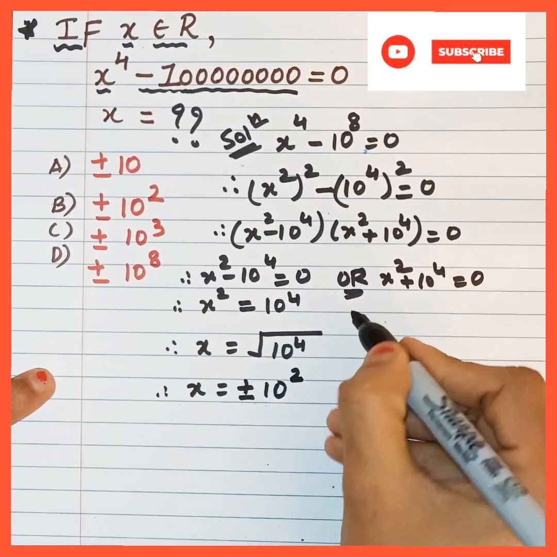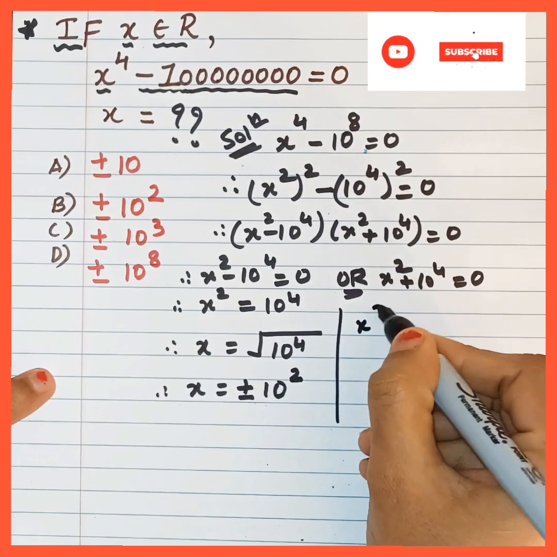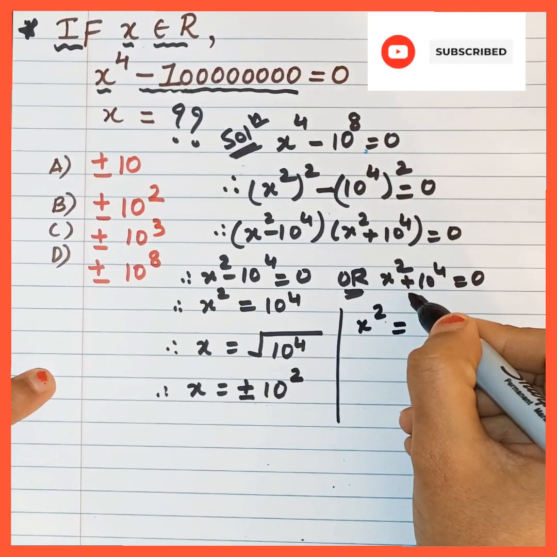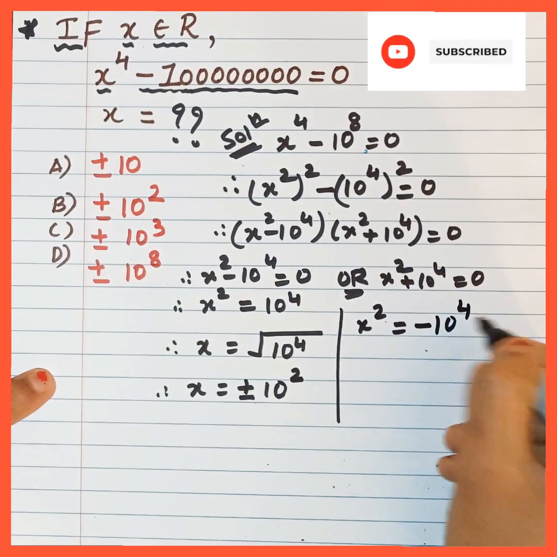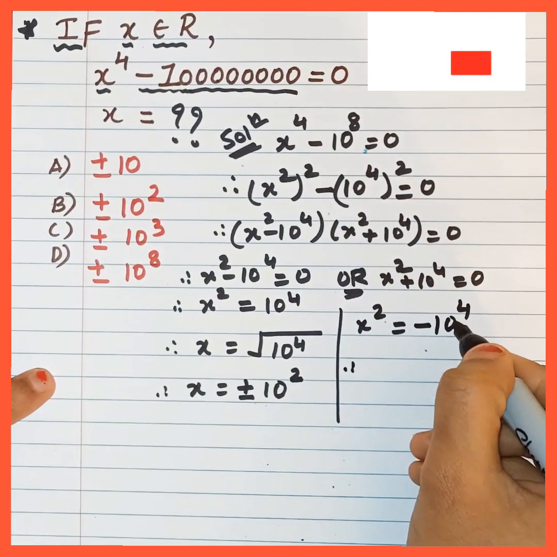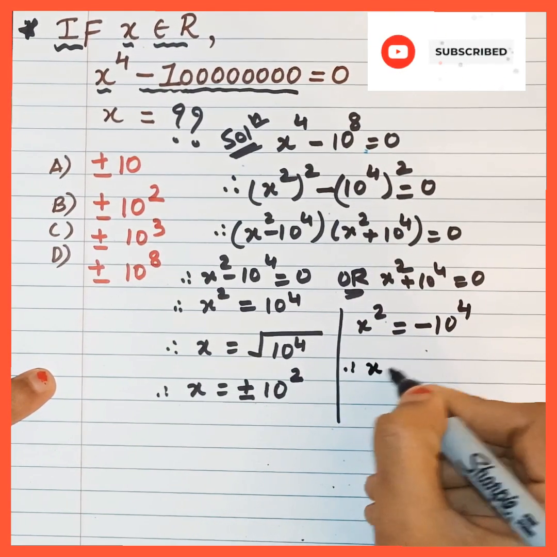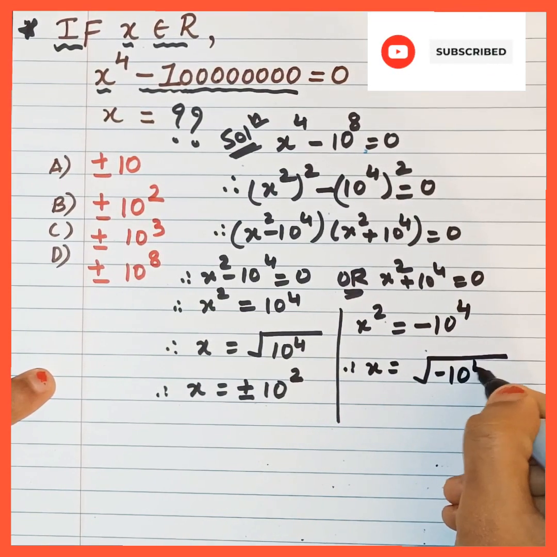Now moving ahead to the next part. This was our second equation: x square plus 10 raised to 4, and we take the 10 raised to 4 to that side, so it becomes minus 10 raised to 4. In the same way we take the square to the other side and it becomes a square root, so x will be equal to the square root of minus 10 raised to 4.